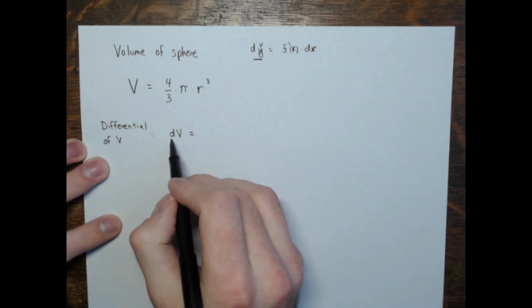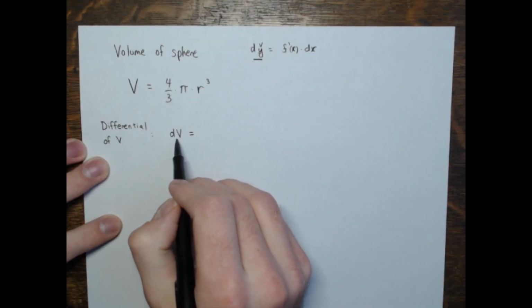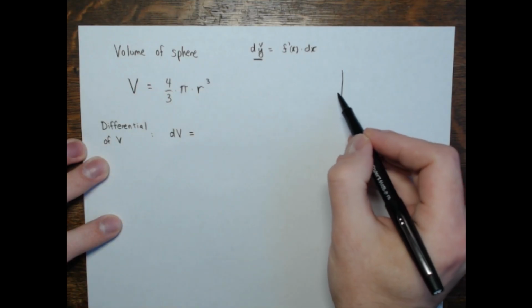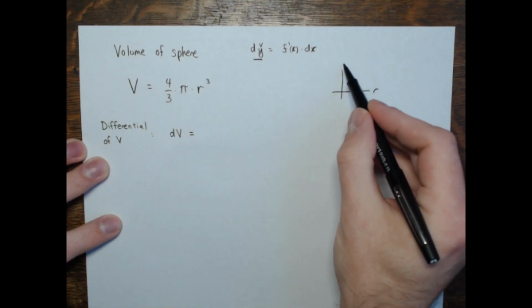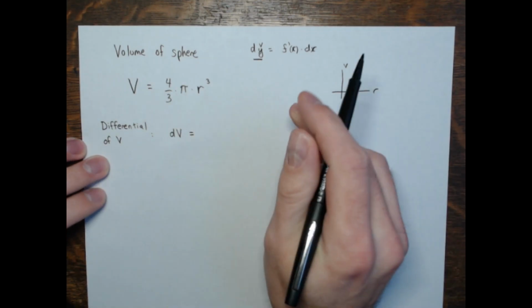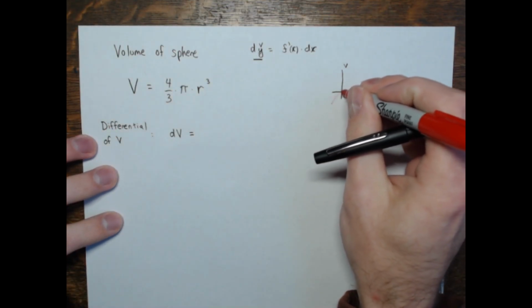So the differential of the volume, dV: if I drew a tangent line to this curve, where my input variable was r and my output was V, and I drew some cubic curve, looks something like this.